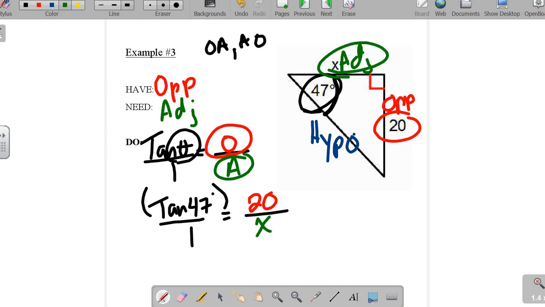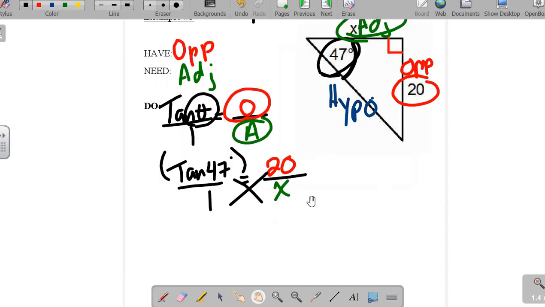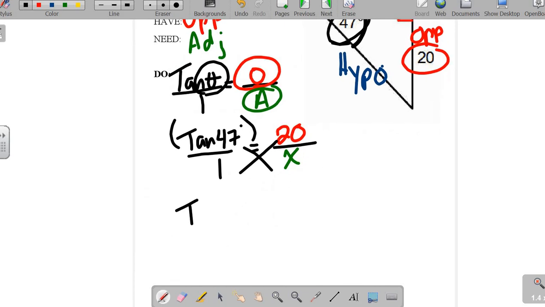So you do circle, plug, chug, and you end up with tangent of 47 equals 20 over x. Do not touch a calculator until x is by itself. We cross multiply. Watch carefully. Keep parentheses around that entire thing. It's tan 47 times x equals 20.